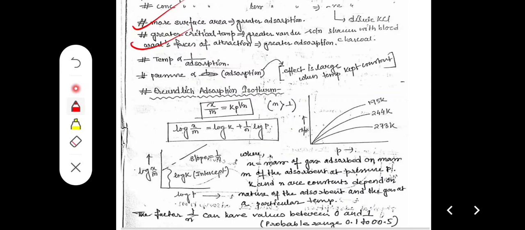Temperature is inversely proportional to adsorption. Why? When temperature increases, molecules have more chaotic motion, so they are in motion and have less tendency to be attracted by the surface layer.